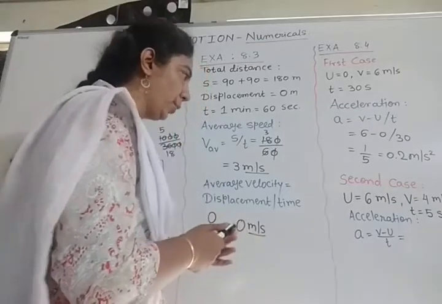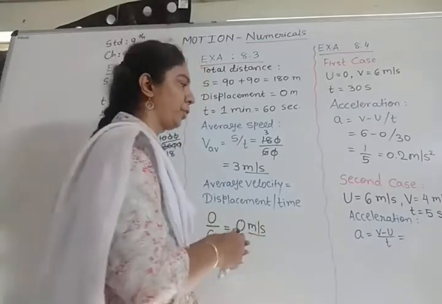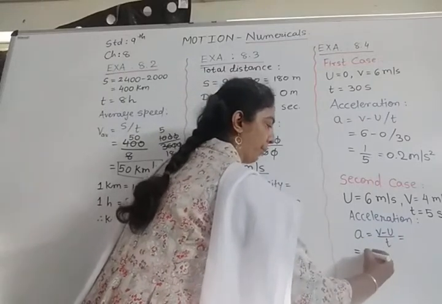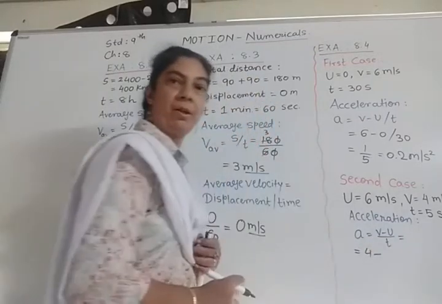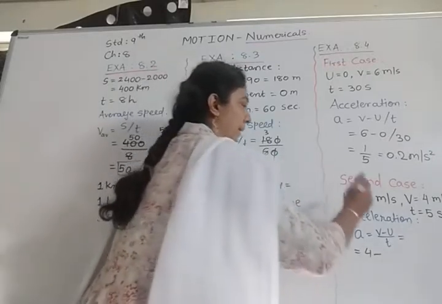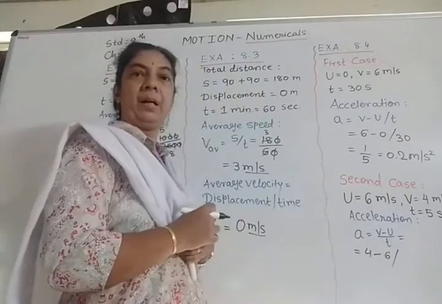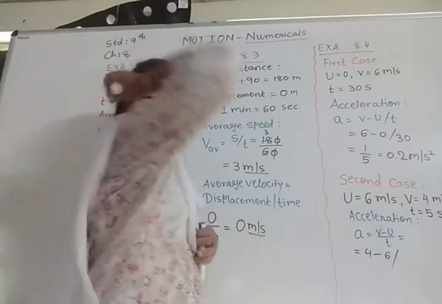Substitute these values and be very careful, friends. Over here we have v as 4. So I will get 4 minus 6, the initial value, divided by the time 5.